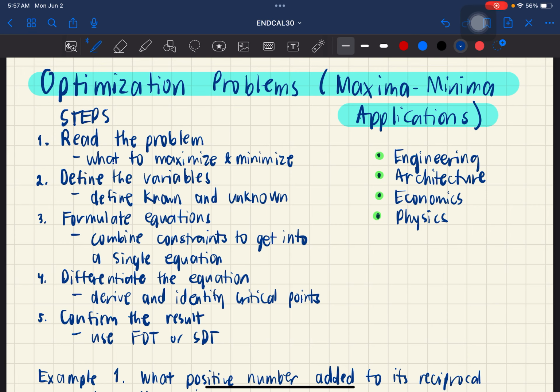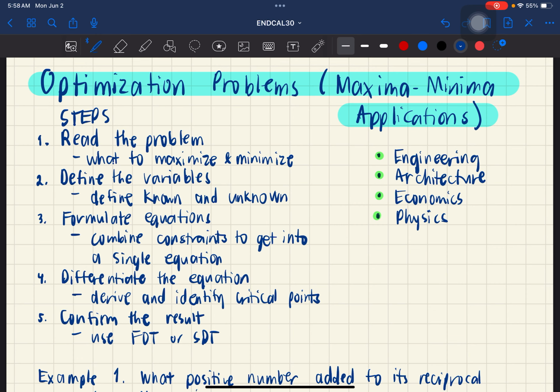So mainly in engineering, we basically look for the maximum amount of material that can be used on a certain volume or area, or can be in architecture as well, in maximizing or minimizing, pretty much similar applications on engineering.